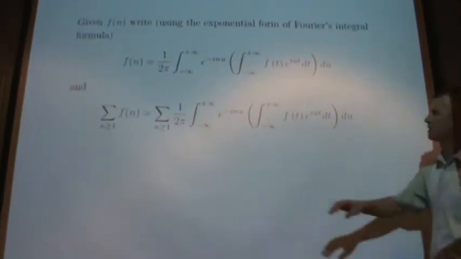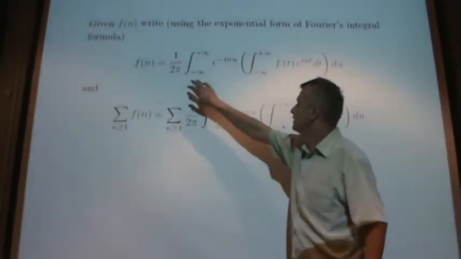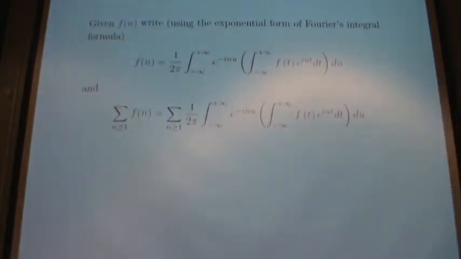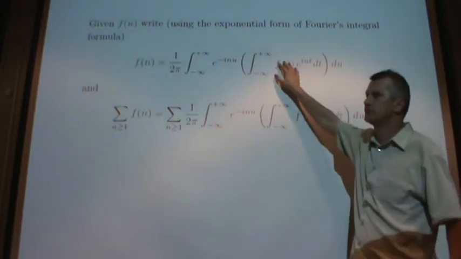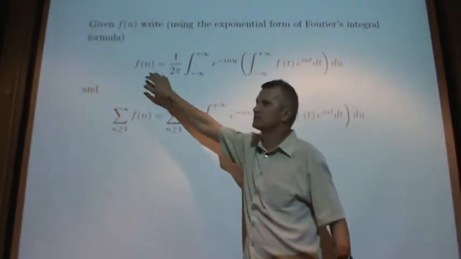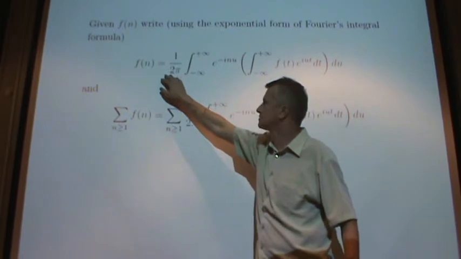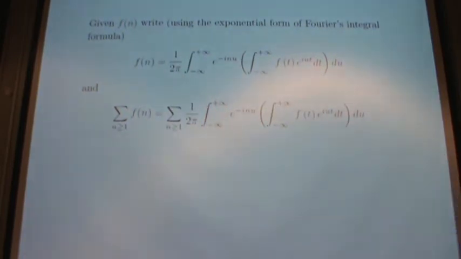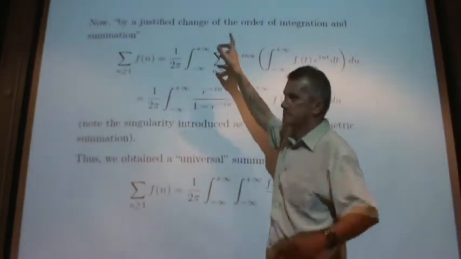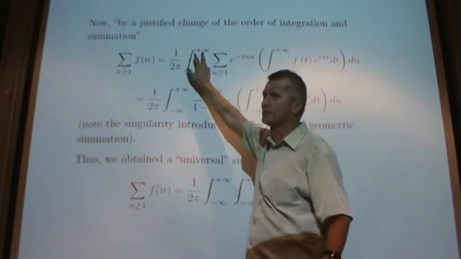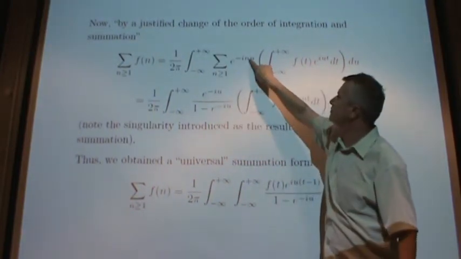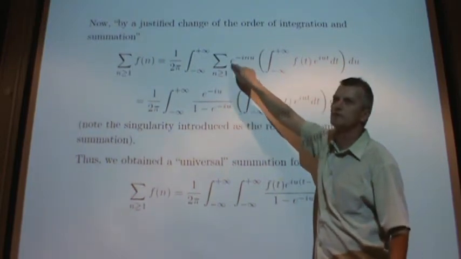You take an arbitrary expression, write it using the exponential form of the Fourier transform, then apply summation on both sides, summation in n, and justify the change of order of summation and integration. You get a very simple geometric summation with respect to n.